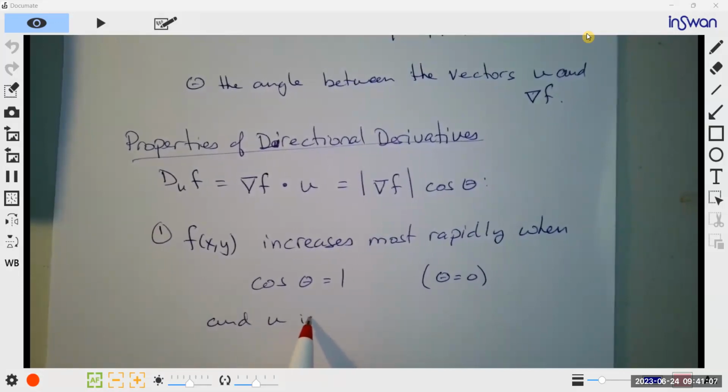And u is the direction of the vector del f.